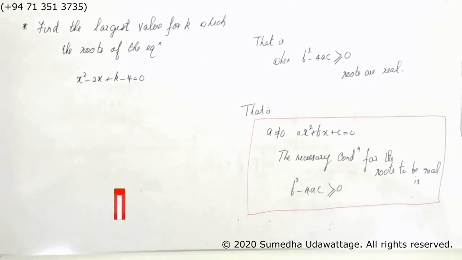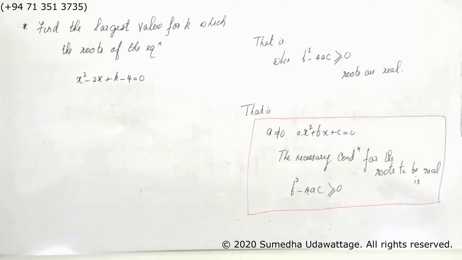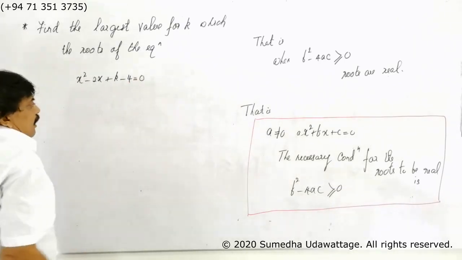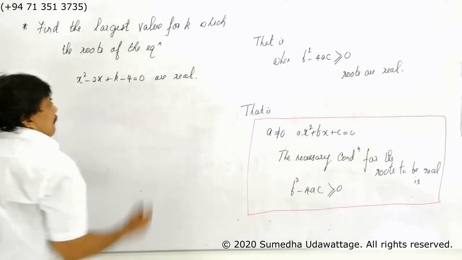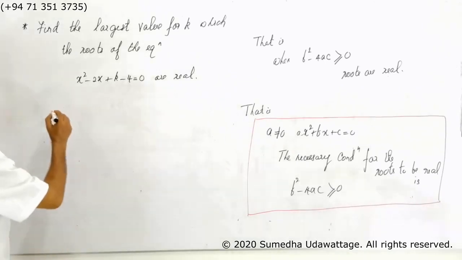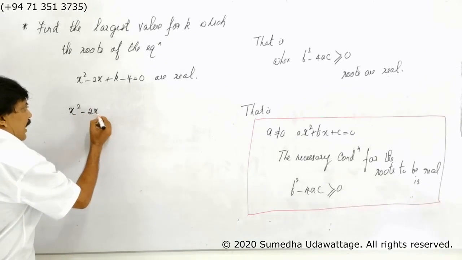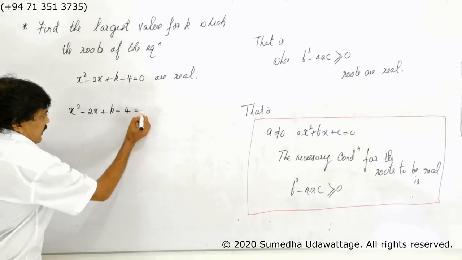Now, look here. The first question I give you is: find the largest value for k for which the roots of this equation are real. Consider the equation x square minus 2x plus k minus 4 is equal to 0.